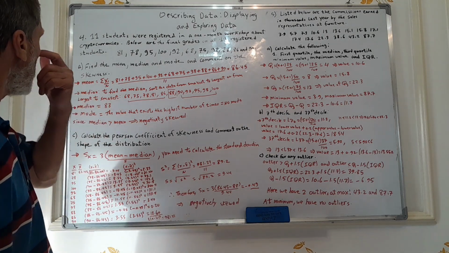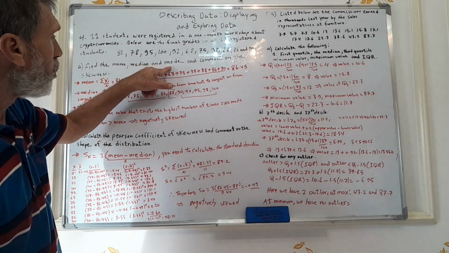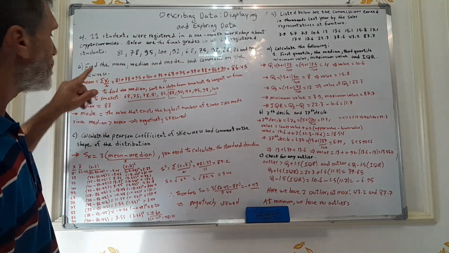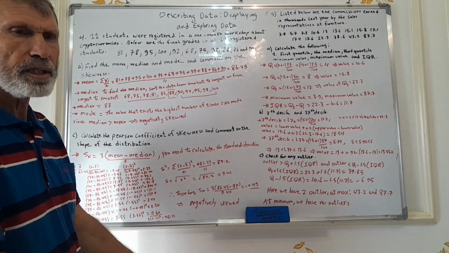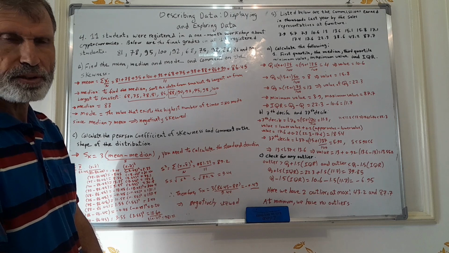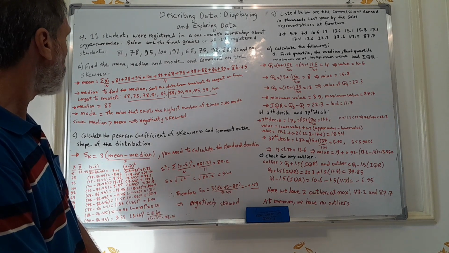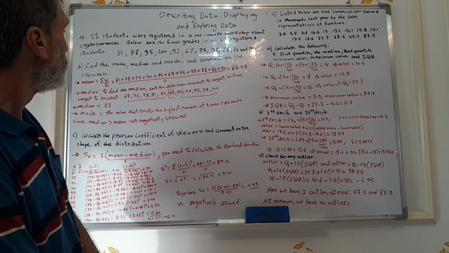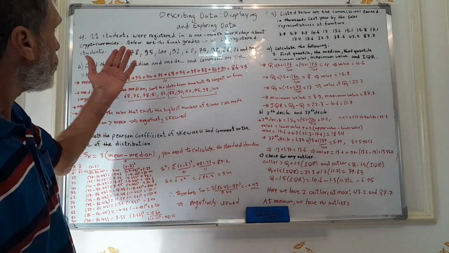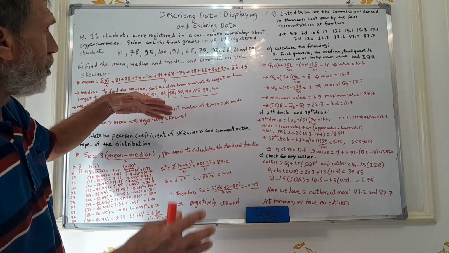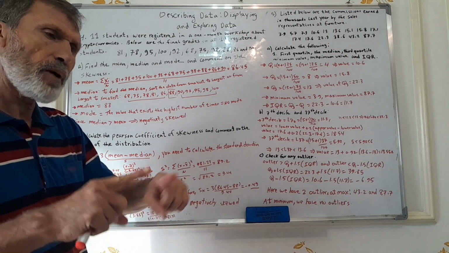Now, part A says, find the mean, median, and mode, and comment on the students. Here we use the formulas we learned in a previous chapter. We're talking about all 11 registered students, so a population.